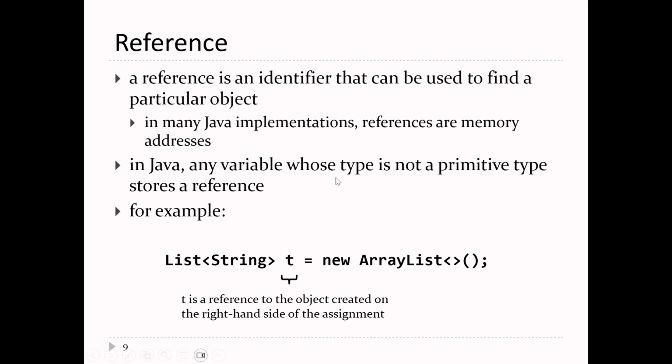Any variable whose type is a reference type stores a reference. Here, that variable t stores a reference to an ArrayList object in this particular case. For C programmers, you can think of t as a pointer to an ArrayList object. It lets you find that object in memory.